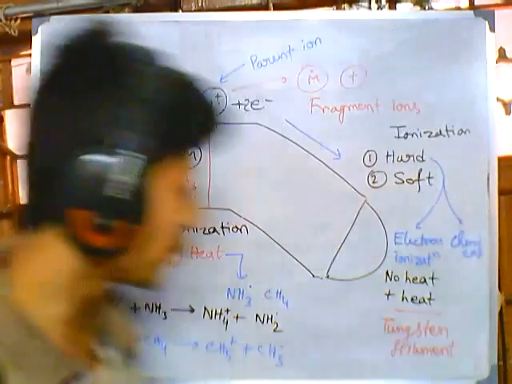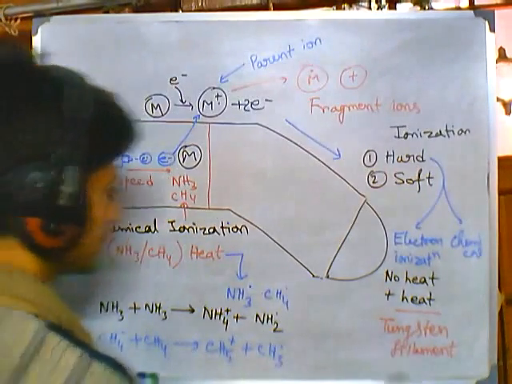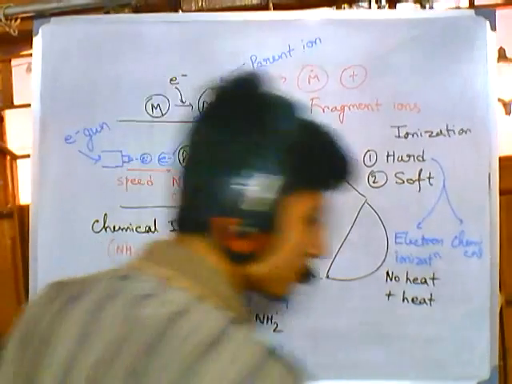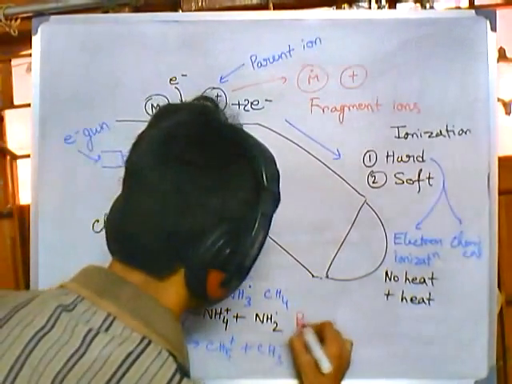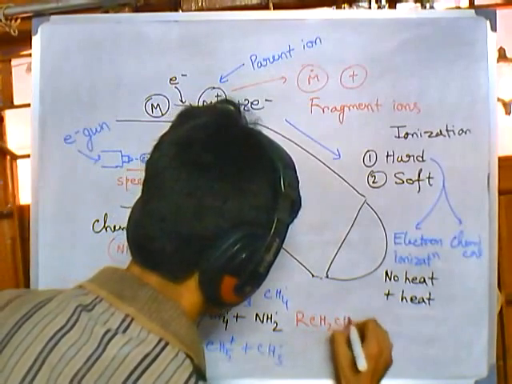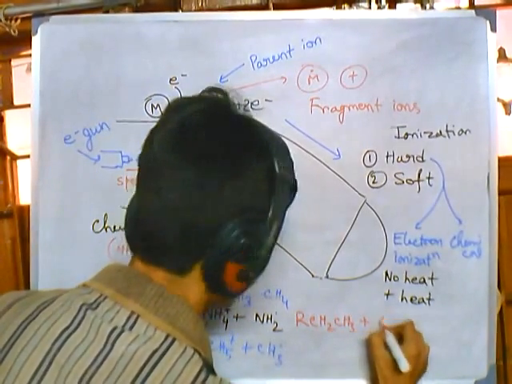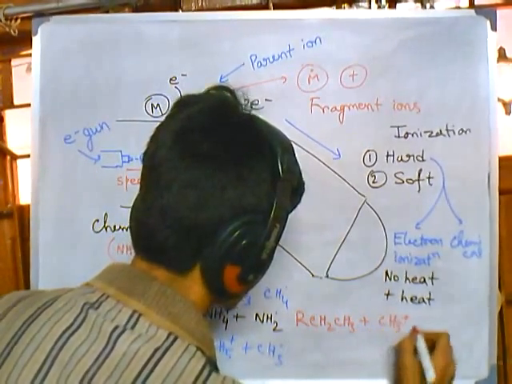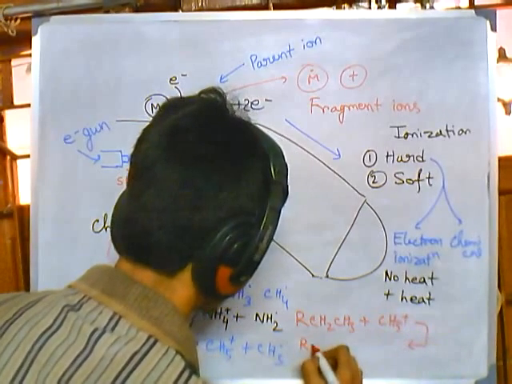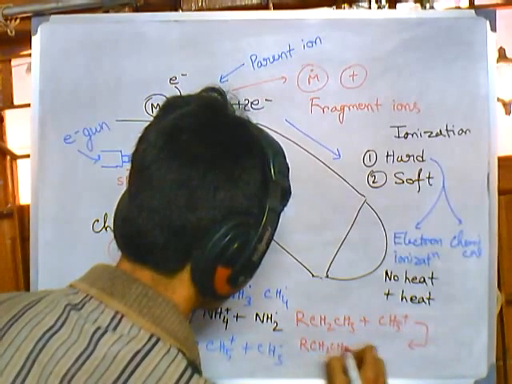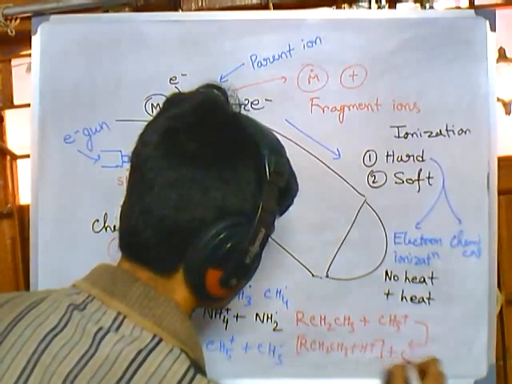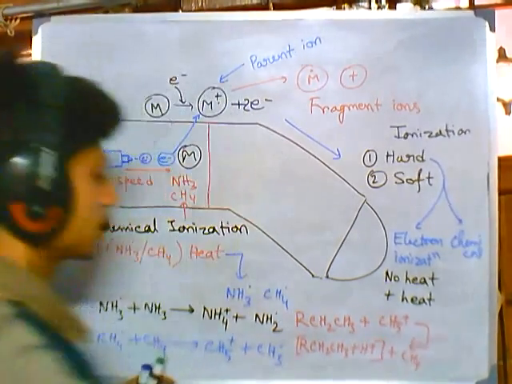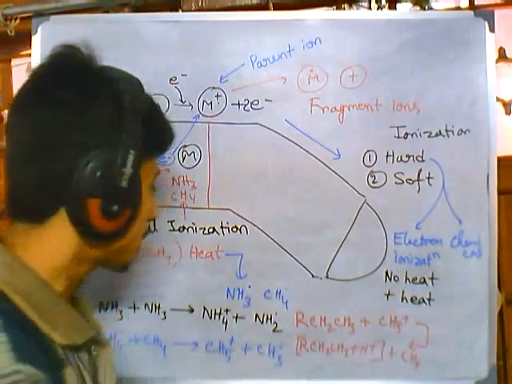In the further step of this reaction, we can look at the process like this. Let me erase this. So we have this CH5+, and then it will generate CH3+, H2, and CH4.